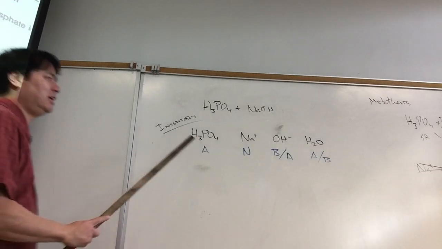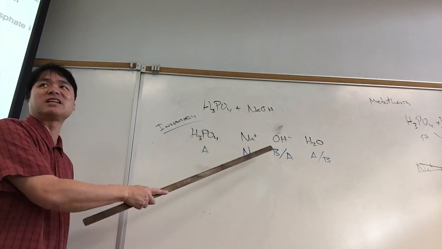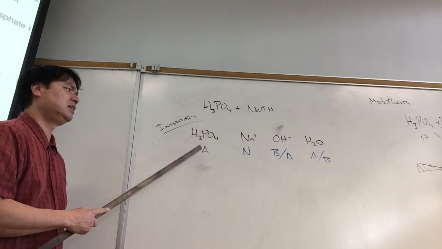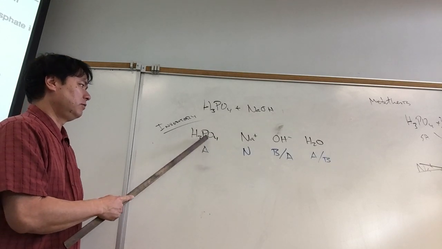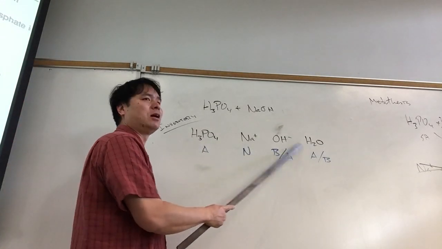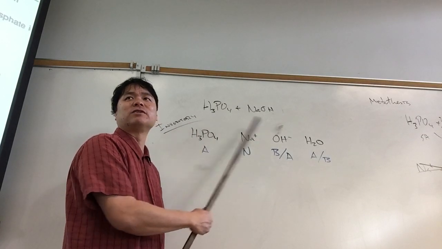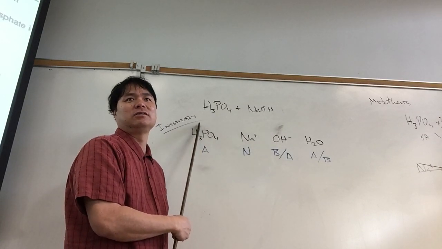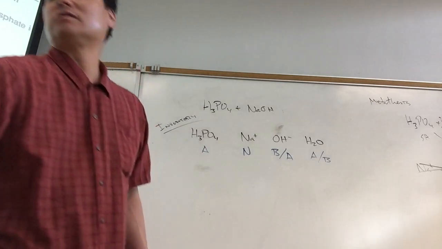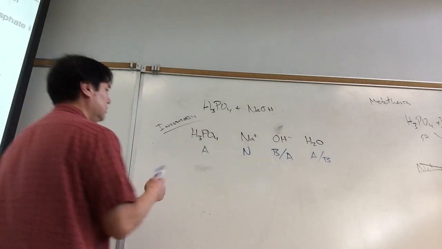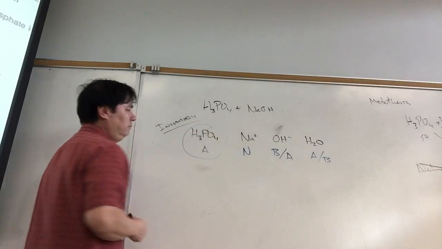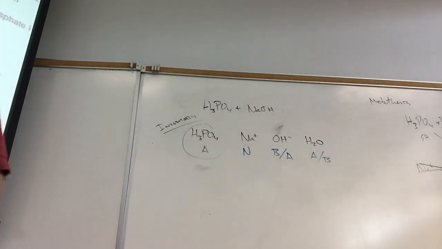In fact, do you even need the chart to figure out which is the strongest acid here? We don't need the chart because, phosphoric acid versus water, for sure phosphoric acid. Phosphoric acid versus hydroxide, for sure phosphoric acid. And so we don't really need it. Phosphoric acid is going to be the strongest.